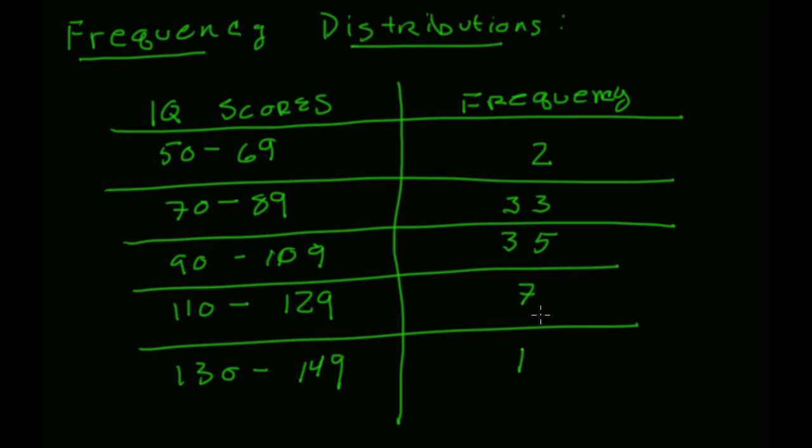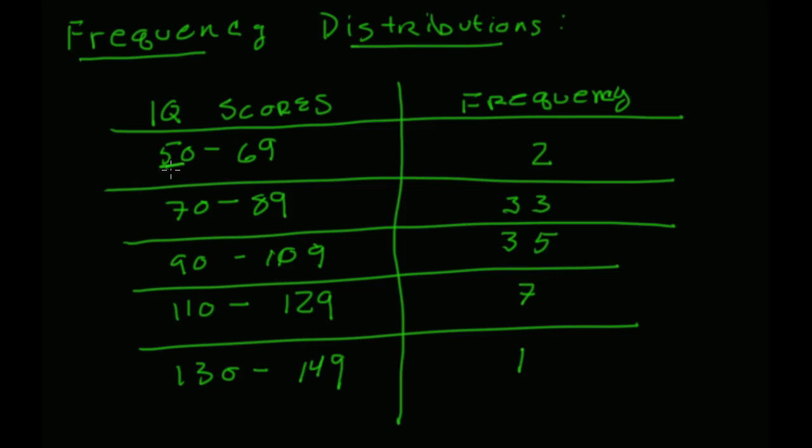Okay. So what we have here is a lot of information. I mean, we've taken a data set and summarized it using a table. Now, let's talk about some of the features of this table. We have things that are called lower class limits. Lower class limits are the smallest numbers that appear to belong to certain classes.